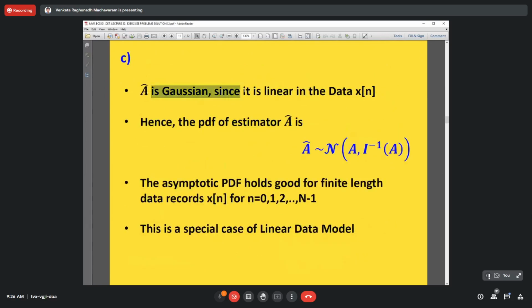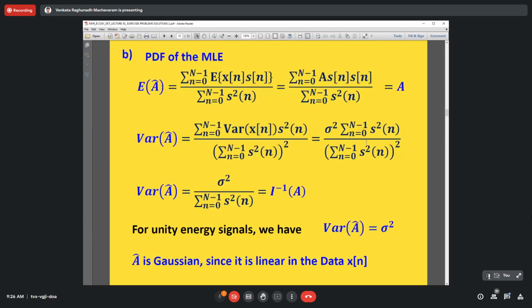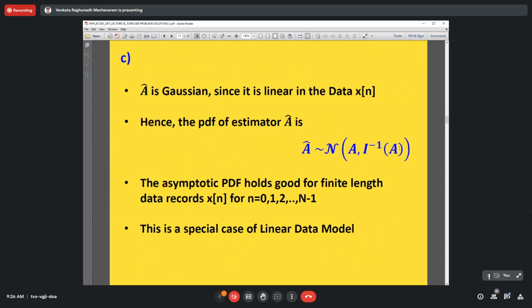A hat is Gaussian since it is linear in data. Hence the PDF of A hat has average value A and variance I inverse of A, that is sigma square. So this asymptotic PDF holds good for finite length data records also.